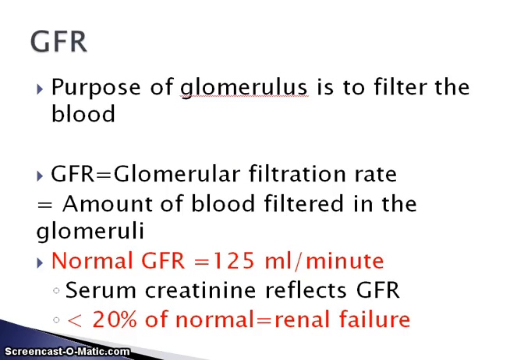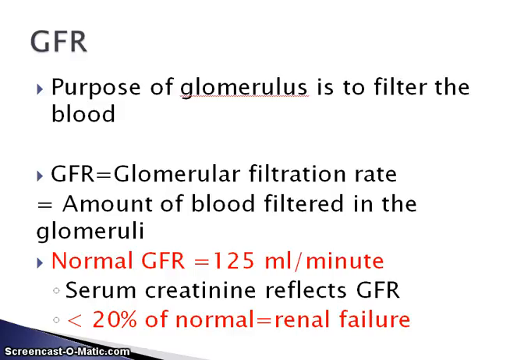So when we're looking at kidney function, we're talking about the glomerular filtration rate. So GFR, this is how much of the fluid or blood the glomerulus can filter through. The GFR is the amount of blood that comes through in 1 minute. It should be around 125 milliliters a minute.